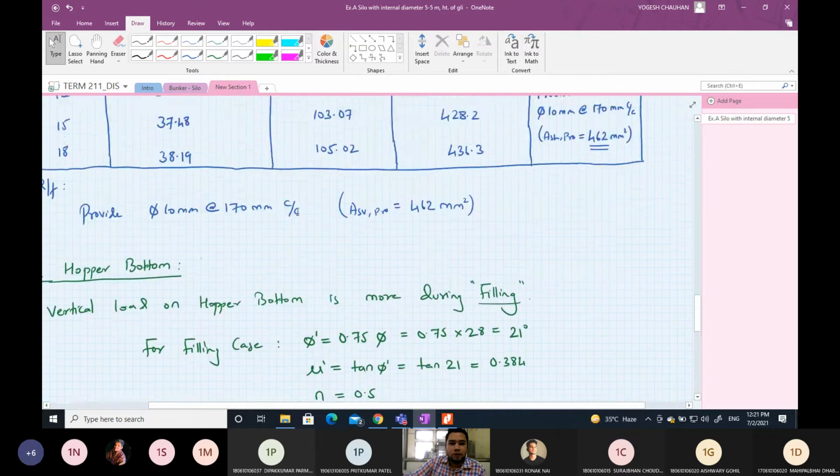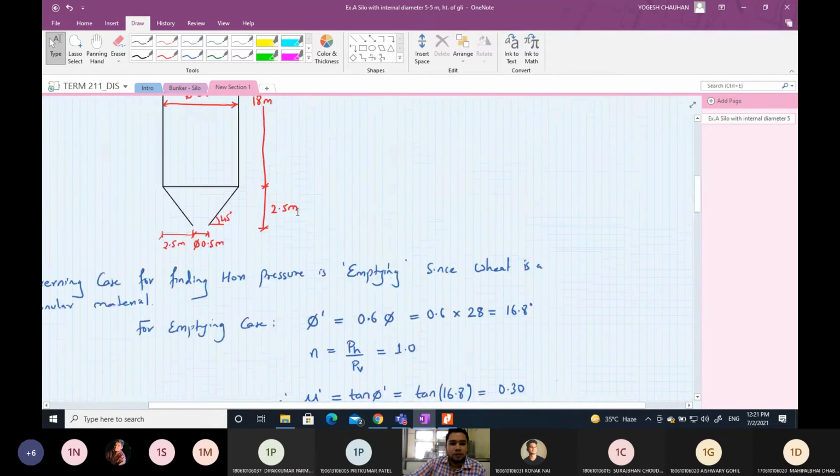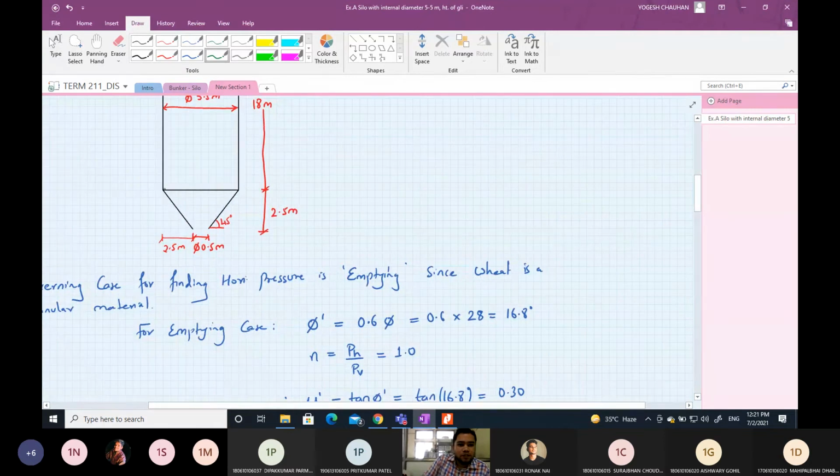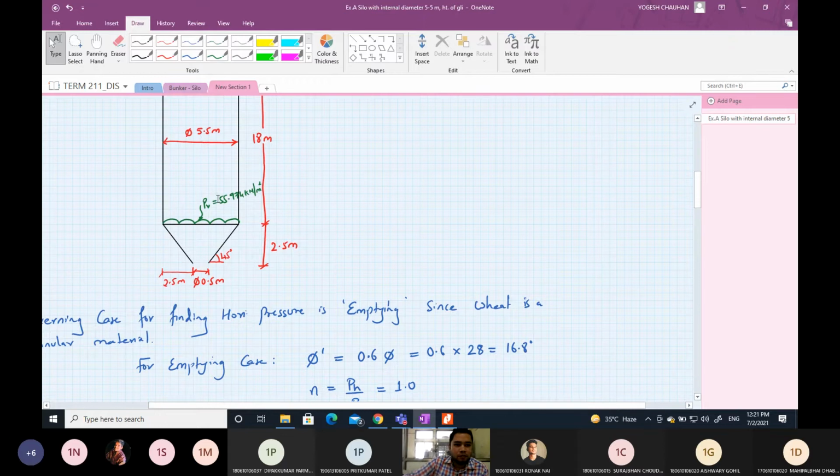What we are doing, we are finding the horizontal pressure at this level. So at this level, what will be the vertical pressure? This is PV. Okay. So at 18 meter height, we find the PV as 55.974 kilonewton per meter square. So you multiply the area of this silo cylindrical portion, that will be pi by 4 into 5.5 square, multiplied by this PV. You will get the vertical load.